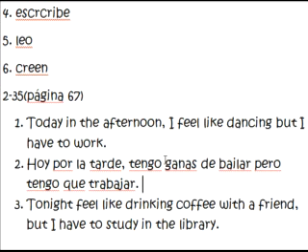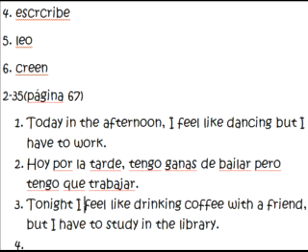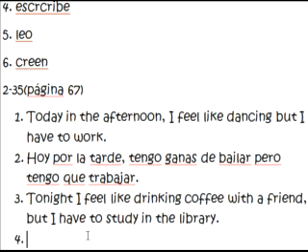This is the tener plus the ganas plus the de plus the infinitive, and tengo plus the que plus the infinitive. Tengo que trabajar. Okay. Hopefully you see how that one works. And then tonight, sorry about that. I feel like drinking coffee with a friend, but I have to study. Okay. So you've given the first word in the book. Esta noche.